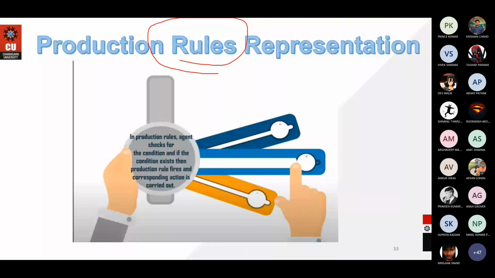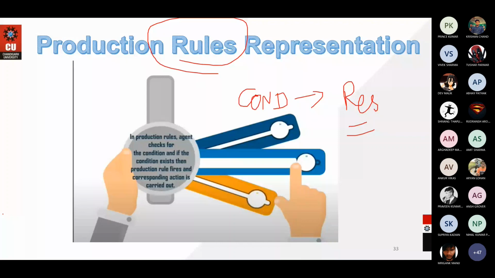In production rules, the agent will check the condition. On one side, we have some condition, and based on that condition, some results are performed. If this condition is true, then this result will be interpreted.